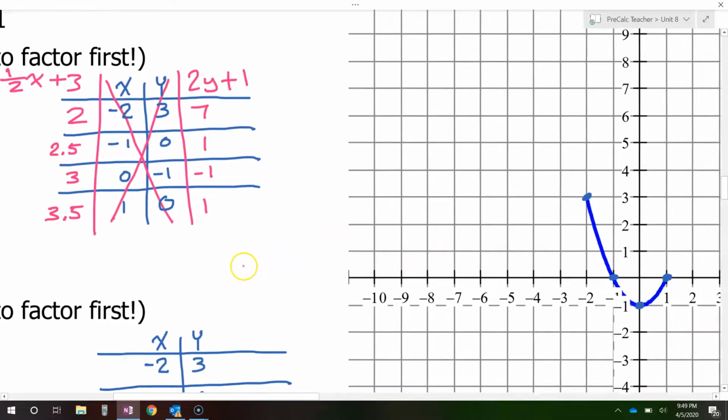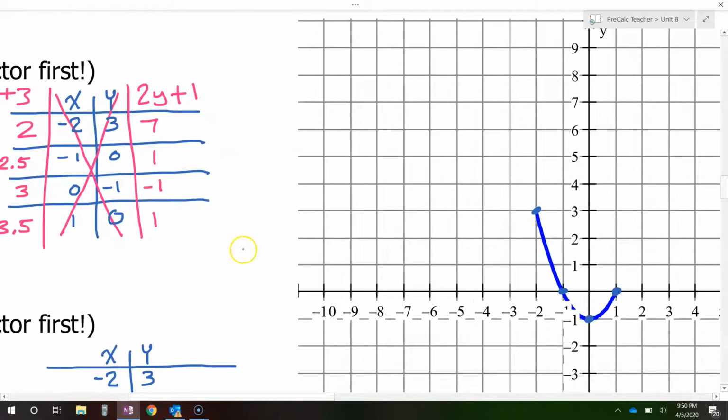Okay, so first we have the point 2, 7. 2, 7 is going to be right here. All right, so this is the new point that used to be this point. Next, we have 2.5, 1. All right, 2.5, 1 is right here. That's going to be what happened to this point.